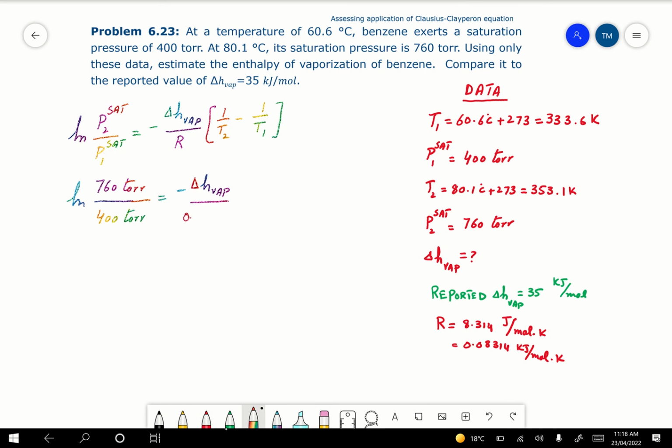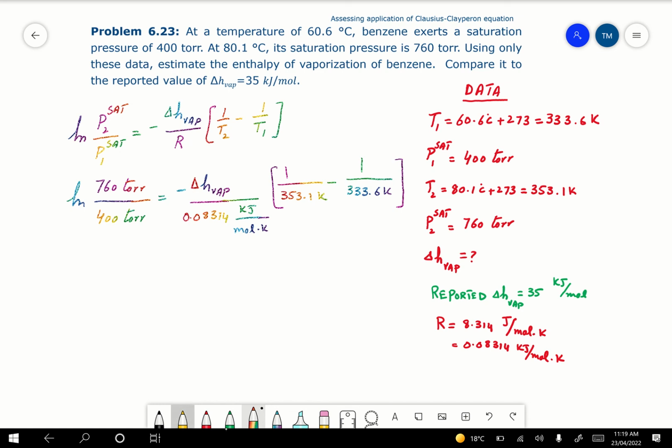This is 0.08314 kilojoule over mole Kelvin, and 1 over T2, 353.1 Kelvin, minus 1 over 333.6 Kelvin. So basically these are the values.